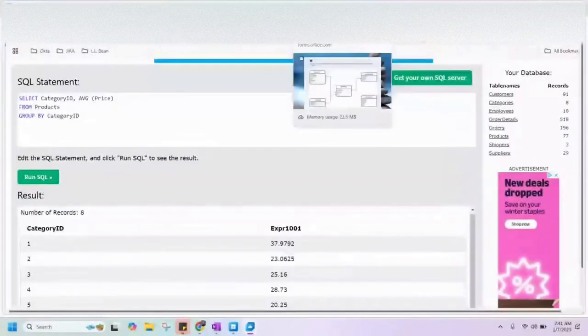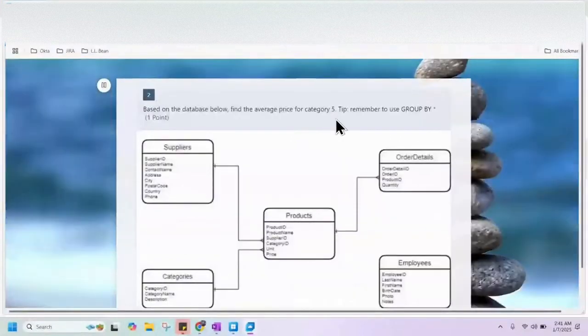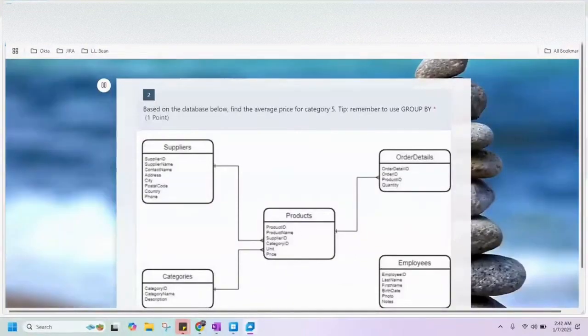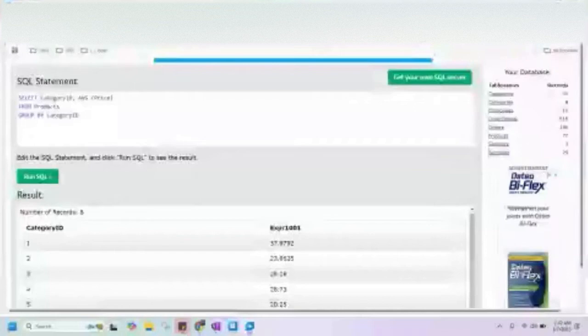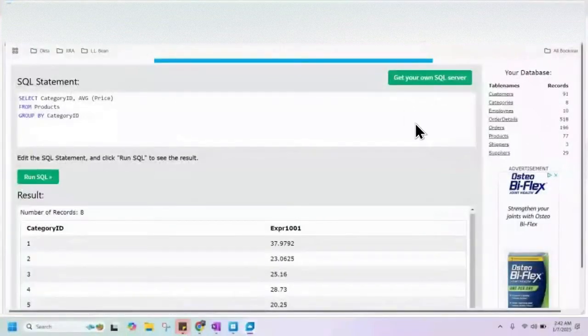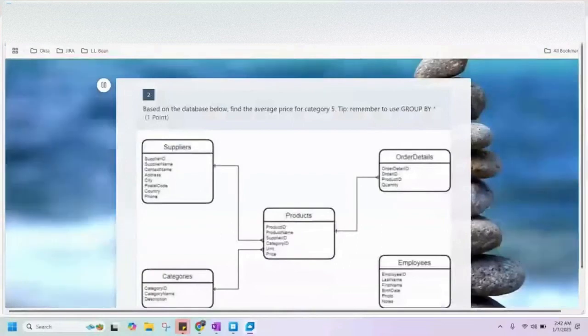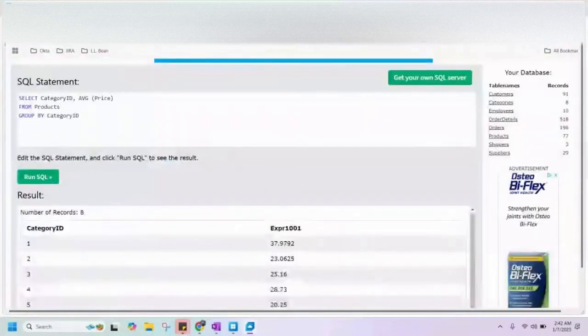Hold on, one second. Average price for category 5. Select category ID, average price from products, group by category ID. $20.25.